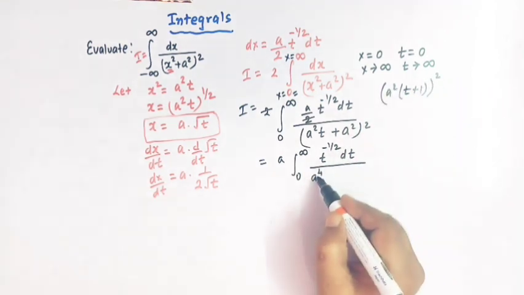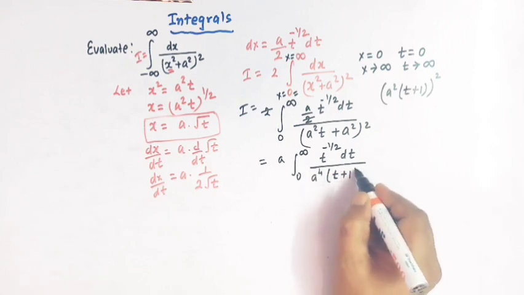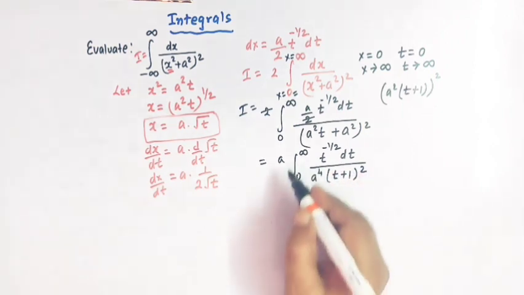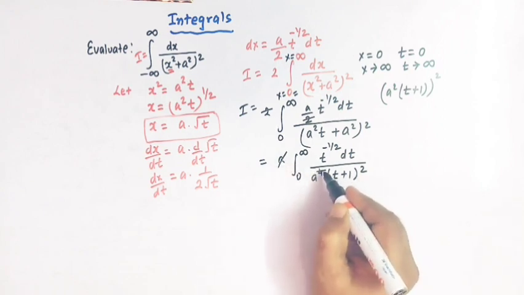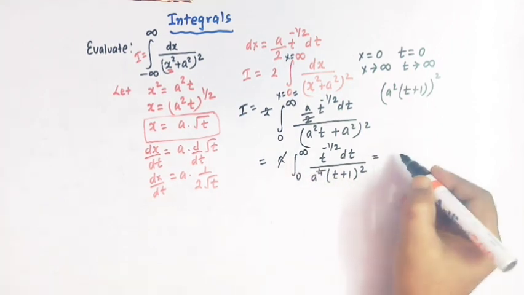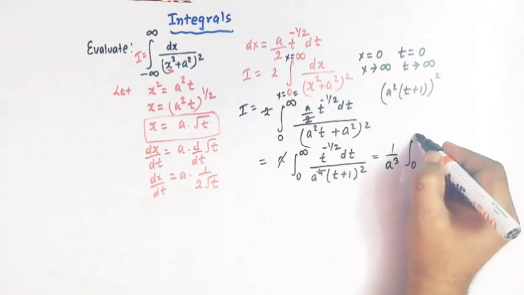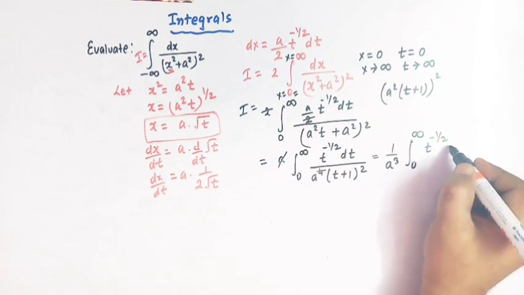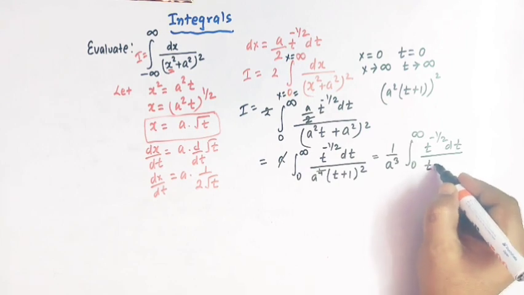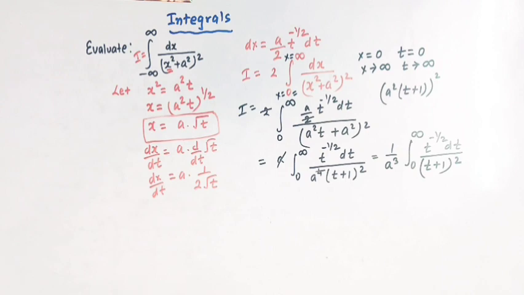So a and a to the 4 partially cancel, and we are left with 1 over a cube times the integral from 0 to infinity of t raised to minus half dt over (t plus 1) whole square.